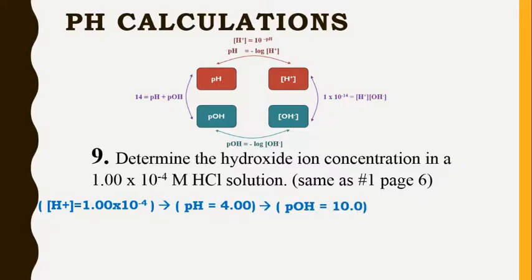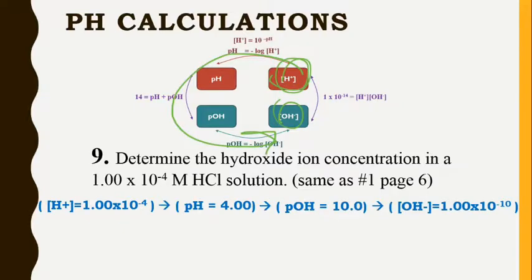Then I can real quickly jump to the fact that my pOH would be 10, because they add up to 14. And then that means that my OH concentration is 1 times 10 to the negative 10. So even though I'm trying to get from here to here, I'm going the long way, yes, technically, but I can get there in a couple of seconds.